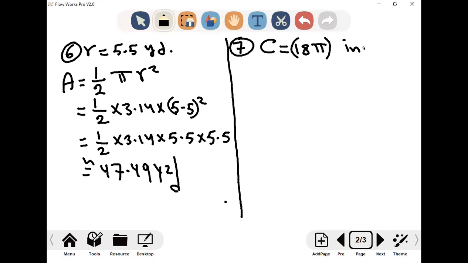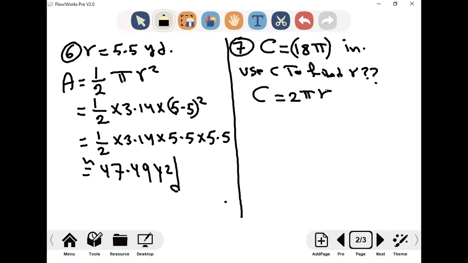Step 1, to find the area, we need the radius or the diameter, and we don't have either. So here, step 1, use C to find the radius. What's the formula between the circumference and the radius? C equals 2 pi r.